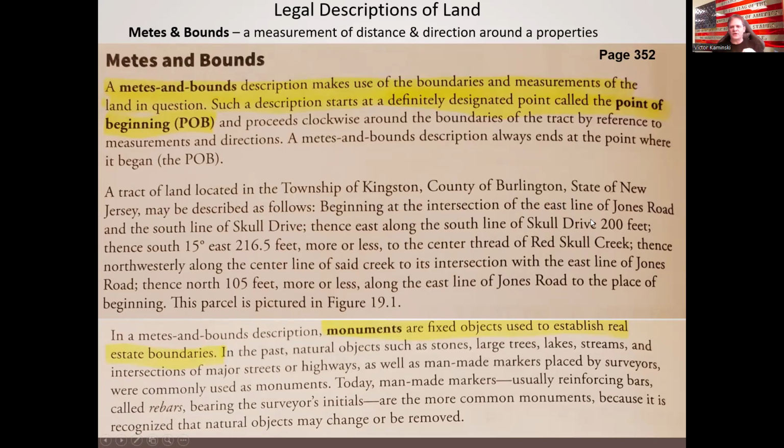Beginning at the intersection of the east line of Jones Road and the south line of Skull Drive, thence east along the south line of Skull Drive 200 feet, thence south 15 degrees east 16.5 feet, more or less, to the center thread of Red Skull Creek, thence northwesterly along the center line of said creek to the intersection with the eastern line of Jones Road, thence north 105 feet, more or less, along the east line of Jones Road to the place of beginning.